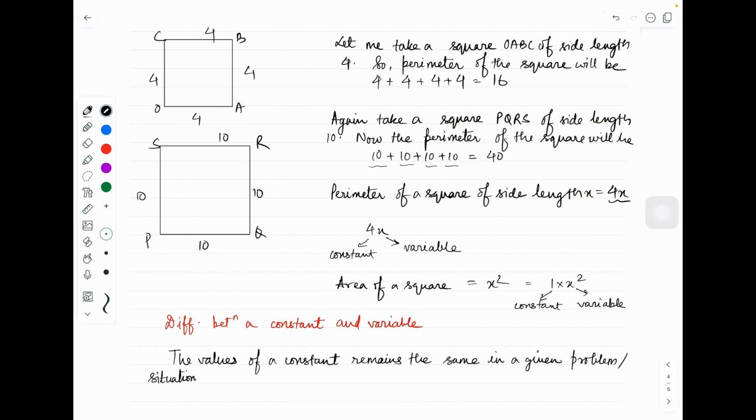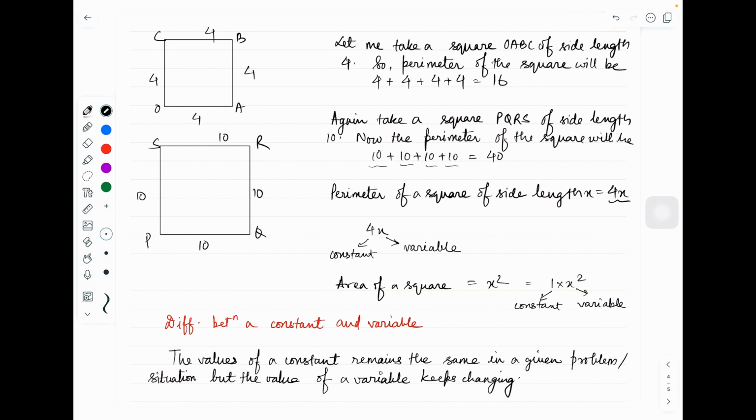Understood? But the value of a variable keeps changing.